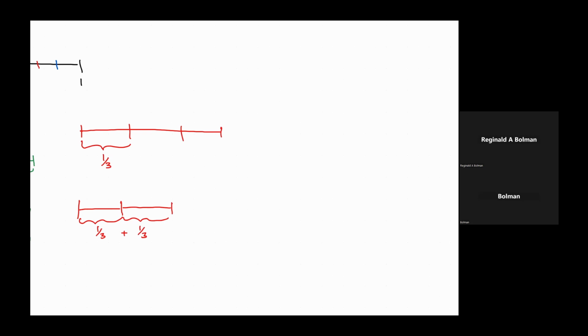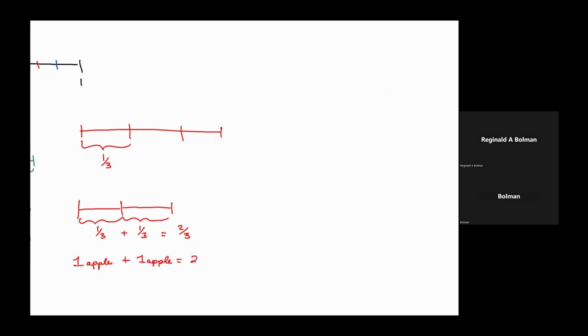And it stands to reason that you should have 2 thirds of a foot because you have exactly 2 pieces of 3. If you cut the foot into 3 equal pieces and you took one piece and stacked it on top of another piece of the foot that had been cut into 3 pieces, you should have now 2 pieces of 3. And it's very similar to just asking yourself, well, if I've got 1 apple plus 1 apple, how many apples do I have? Naturally, you would have 2 apples.